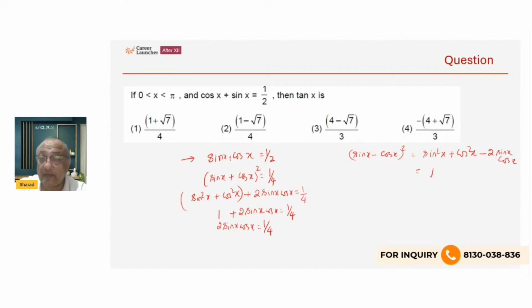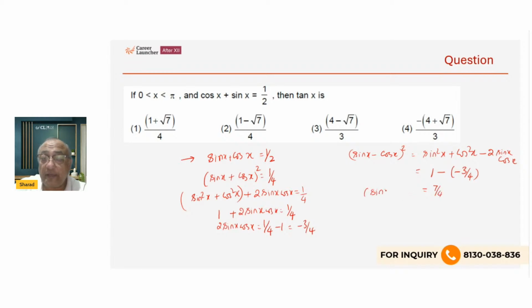So this is 1, this is minus, and this is 1 by 4 minus 1, which is minus 3 by 4. I'll put this value here: minus 2 sin x cos x is minus of minus 3 by 4. I'll get 7 by 4.